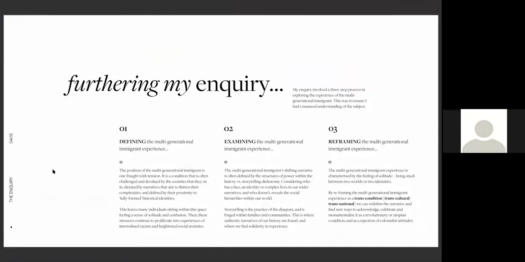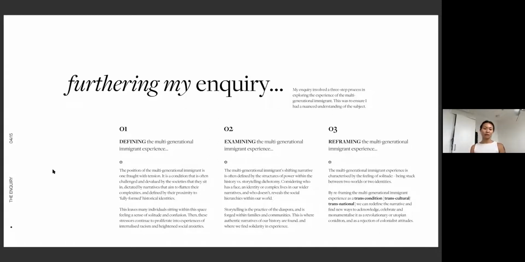Defining the multi-generational immigrant came with preliminary interviews and some readings of anecdotes and testimonies I found online and in books. From that research, I was able to determine that this experience was one fraught with tension. This is mostly because it's a condition that is often devalued by the societies it sits in, and often dictated by narratives that aim to flatten their complexities rather than celebrate them.